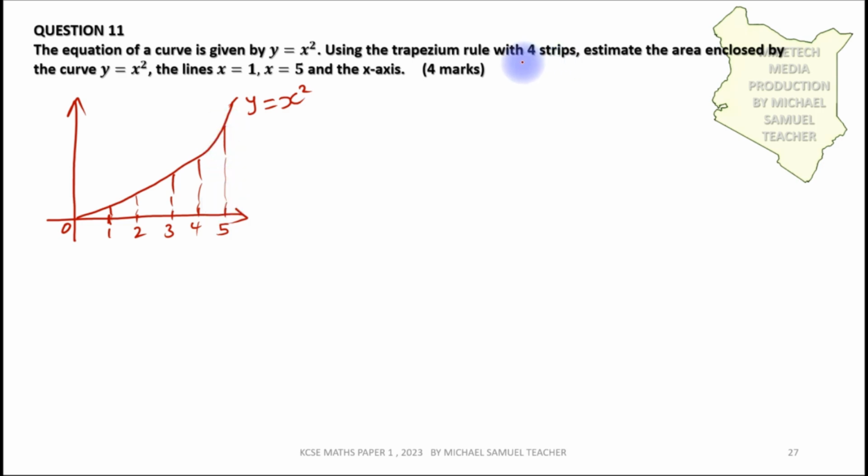And how many strips? 4 strips. So we have 1, 2, 3, 4. The 4 strips. Therefore, the width is normally given by 5 minus 1, the range, divided by the number of strips, 4. So we have 1. So the width will be 1. Therefore, something else that we need to have.